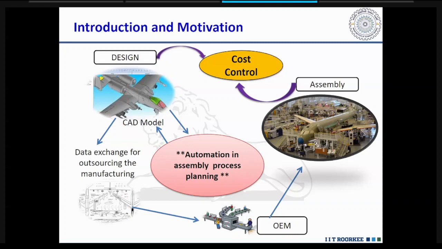and they send the CAD model to the data exchange, or the department dealing with outsourcing the components. Now they send this to the OEMs, and the OEMs manufacture the individual components.